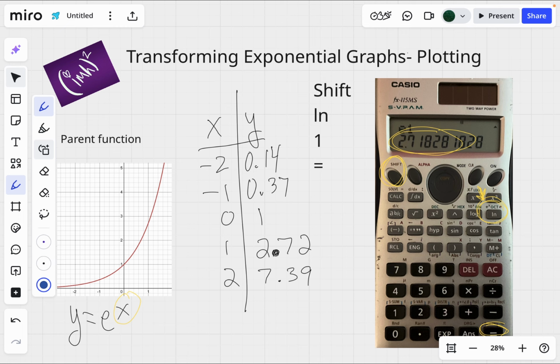So 0, 1 is the obvious one. It's right there. So if you had a blank grid, you would plot your 0, 1 right there. Then 1 and close to 3. It's more than 2.5, but it's like 2 3/4. Yes, I do have that on my graph. It says 1, comma, and then very close to 3, but not quite there.